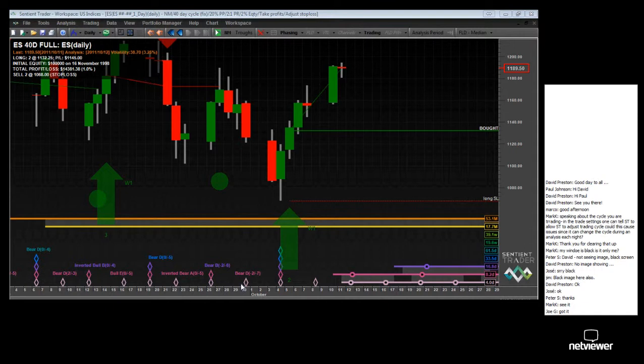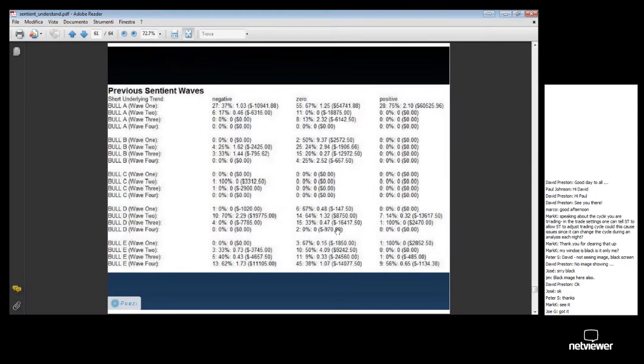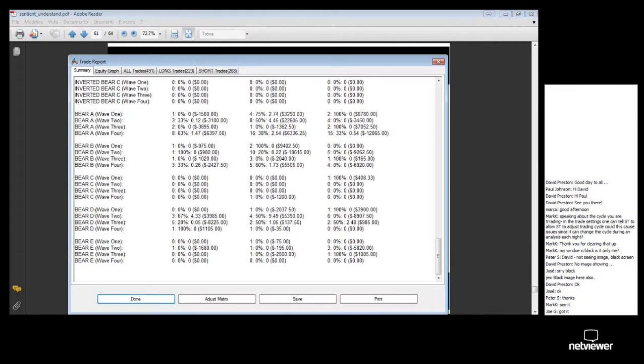And so let's have a look at our statistics and see what a neutral underlying trend would have achieved for us there. Neutral underlying trend following was it a bear E, did I say? I've forgotten what that shape was already. Bear D. And so let's have a look at a bear D. Oh, I don't have it there, but we do have it in our trading report.